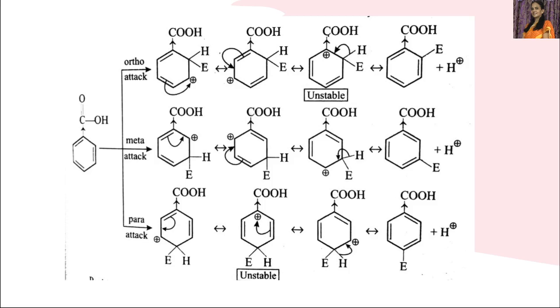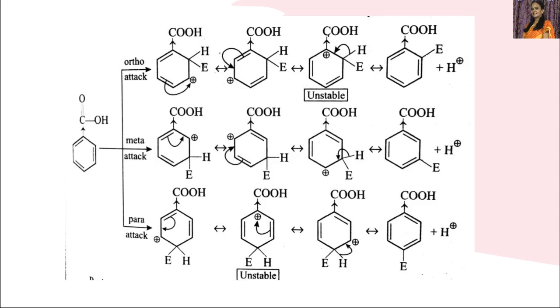You can see here, this is the carbon which is directly attached to the COOH group, and it is bearing the positive charge. This COOH group is an electron withdrawing group. You can see the arrow here, it is towards the COOH group. It withdraws electrons from this bond. Thus the positive charge on this carbon increases and the structure is destabilized. Therefore, this is an unstable structure, not favored.